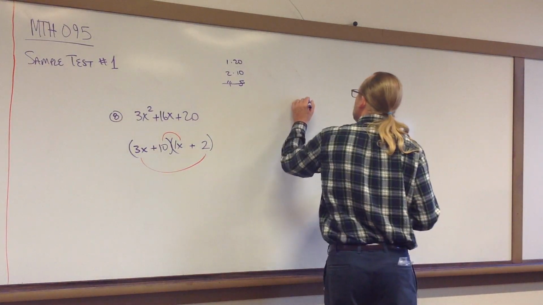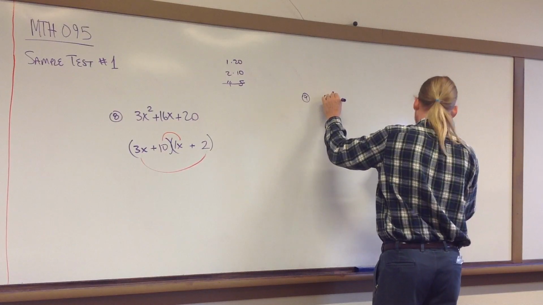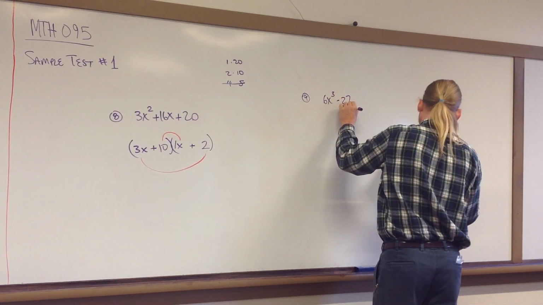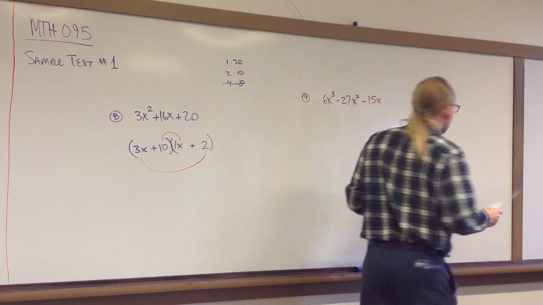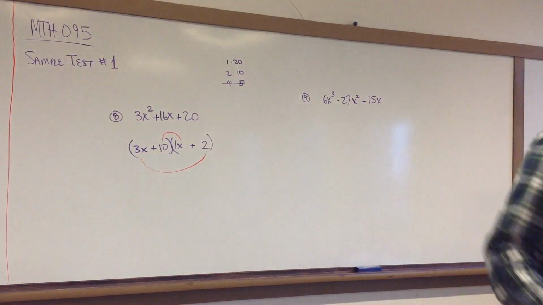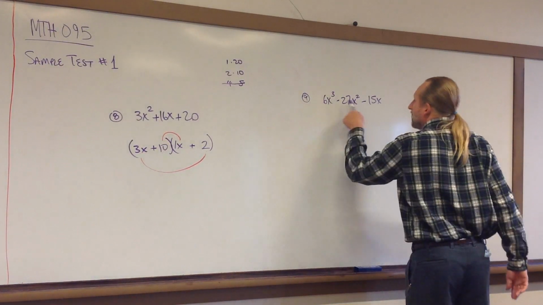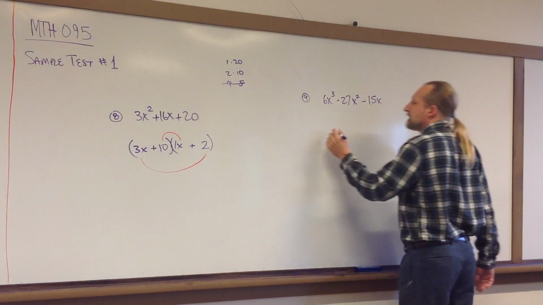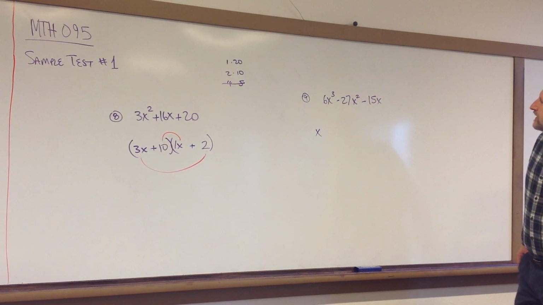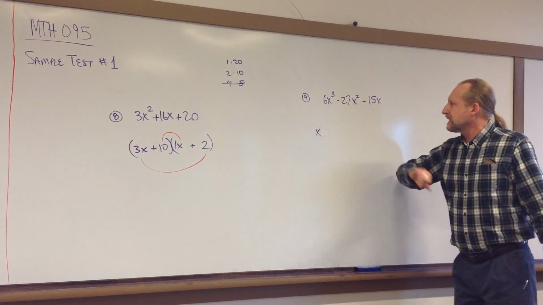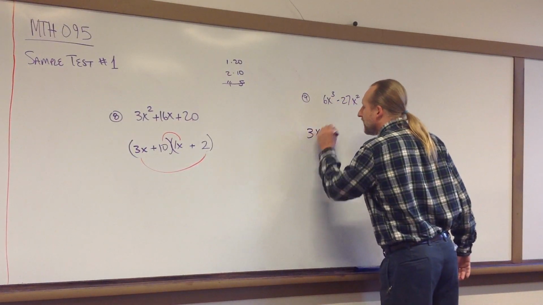Problem 9. 6x to the third minus 27x squared minus 15x. So right away, I think we can see that all of these terms have an x in it. Now, the only thing that all of them have is x to the first, so that's as much as we can factor out. Then let's see, these are not divisible by 6, but all of these numbers are divisible by 3, so we can factor that out.